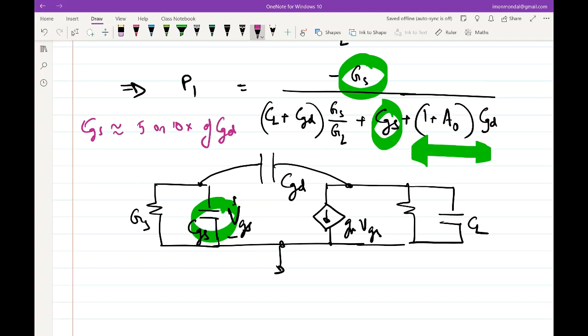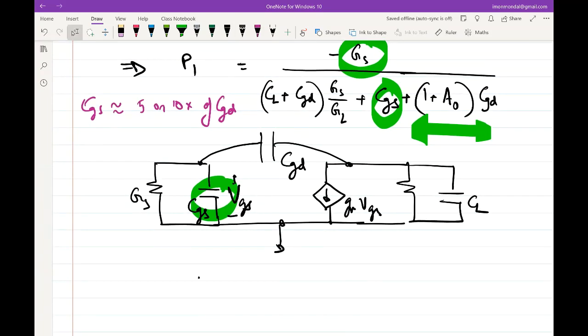So GS over GL is approximately 1, or slightly more or slightly less than 1, which essentially means that if A naught is high enough, and that is an important assumption, if you have made a proper amplifier, then your pole essentially becomes approximately minus GS by A naught CGD. I can even drop the 1 plus if A naught is high enough.